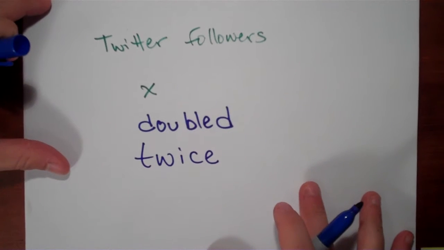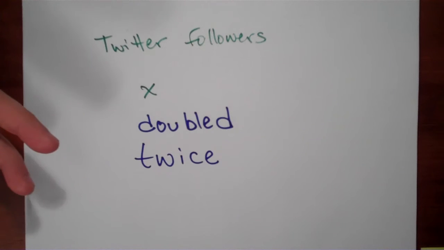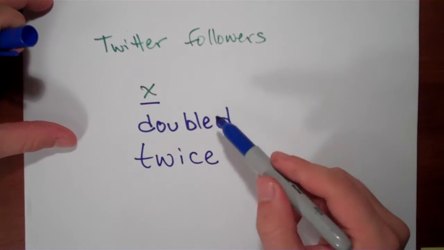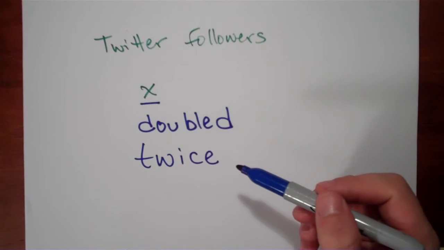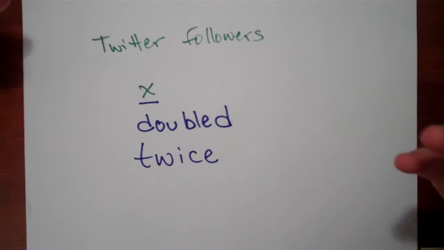These are all words we've heard used before when we talk about changing math into English. So she started with X Twitter followers and then she doubled it. In other words, she has twice that now. When we said twice before, we said twice is the same thing as 2 of something.